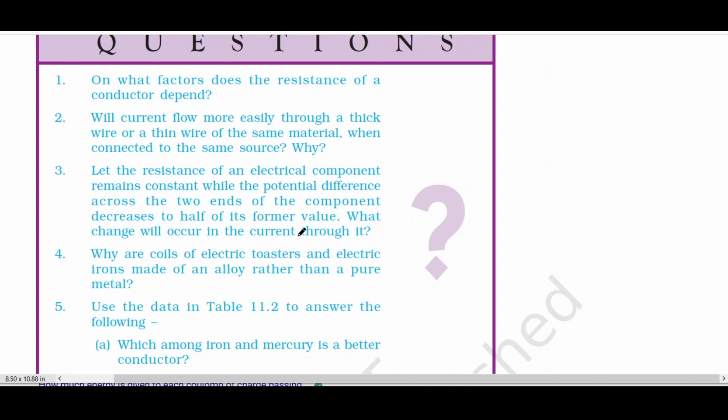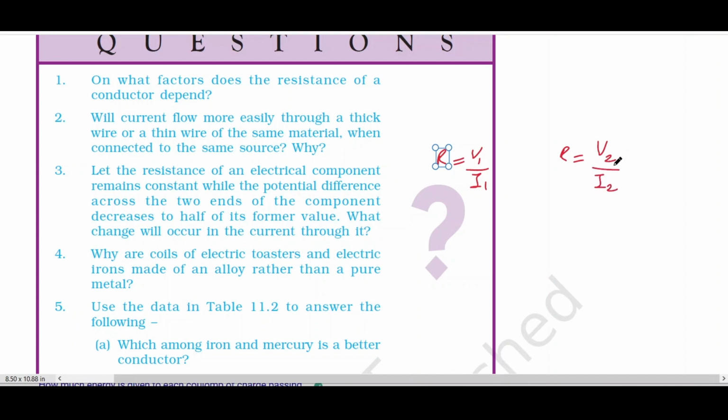So like, let's say initially what we had was R is equals to V1 upon I1, right? And in the second condition, since the resistance is same, we have R is equals to V2 upon I2, right?